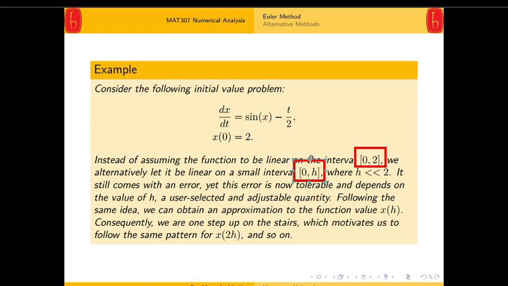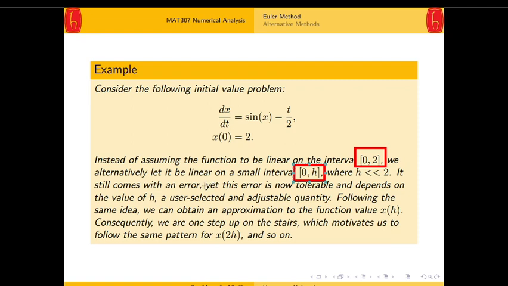Instead of assuming that the function is linear everywhere, we can assume that it is linear from 0 to h only. Then this h is much smaller than the final time 2. It still comes with an error. Of course, the function is not linear, but we assume that the function is linear on this small interval.